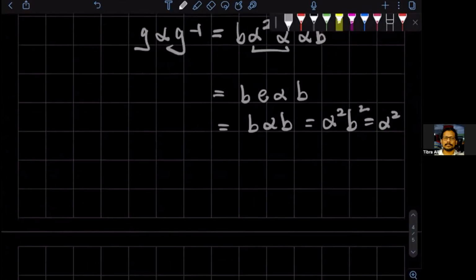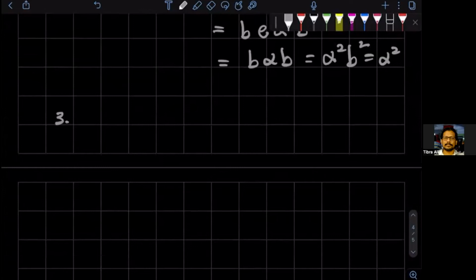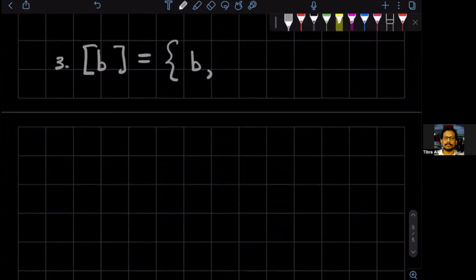Now for the third conjugacy class, we have to pick an element which is in none of the conjugacy classes before, and that is B, right? So now we are looking at the conjugacy class of B. So B is of course going to be there. And now let's let G be alpha, and then G inverse is alpha squared.